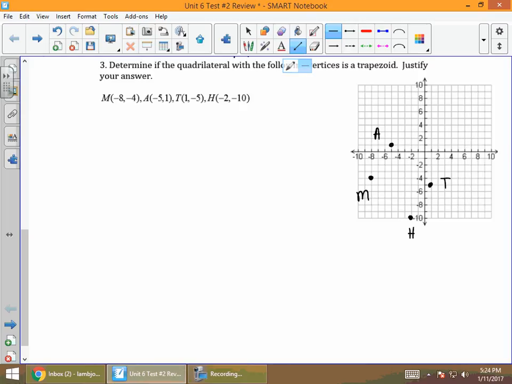Now, in order for this thing to be a trapezoid, I need 1 pair of parallel and 1 pair of non-parallel sides, which means I need to look at slope. And the only thing I care about is slope.